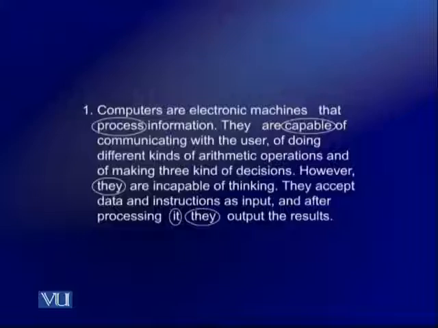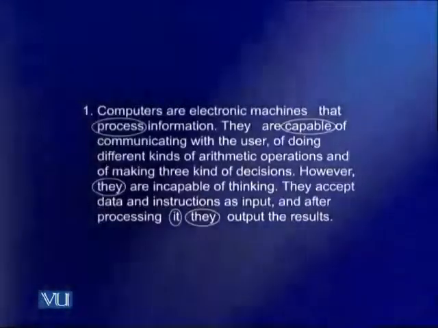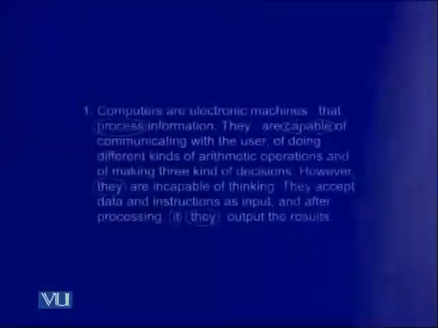They accept data instructions as input, and after processing it, that is input. The word it is referring to the word input. It is referring back to the word input. And in the last word, they, it's computers. All the words that were circled, the theys referred to the word computers.